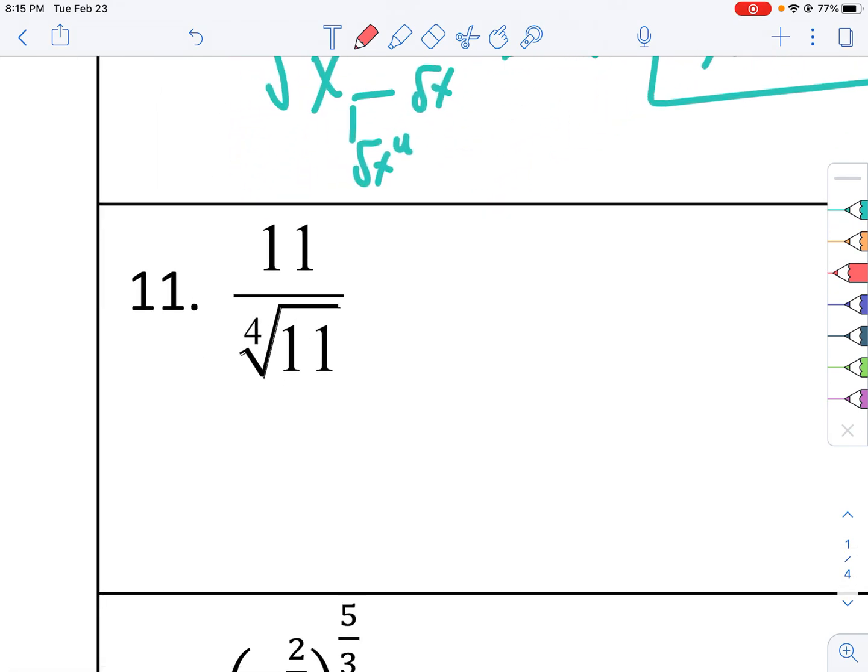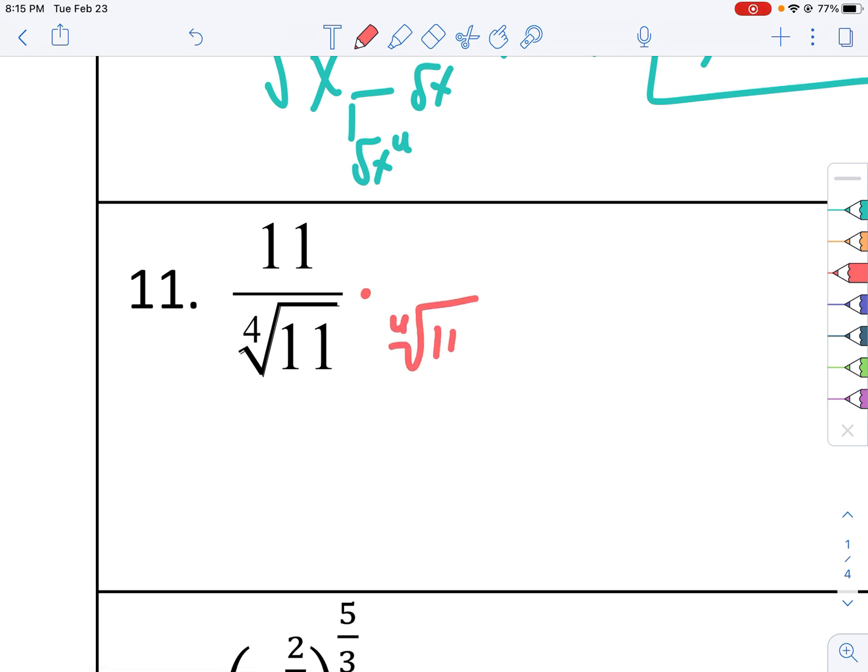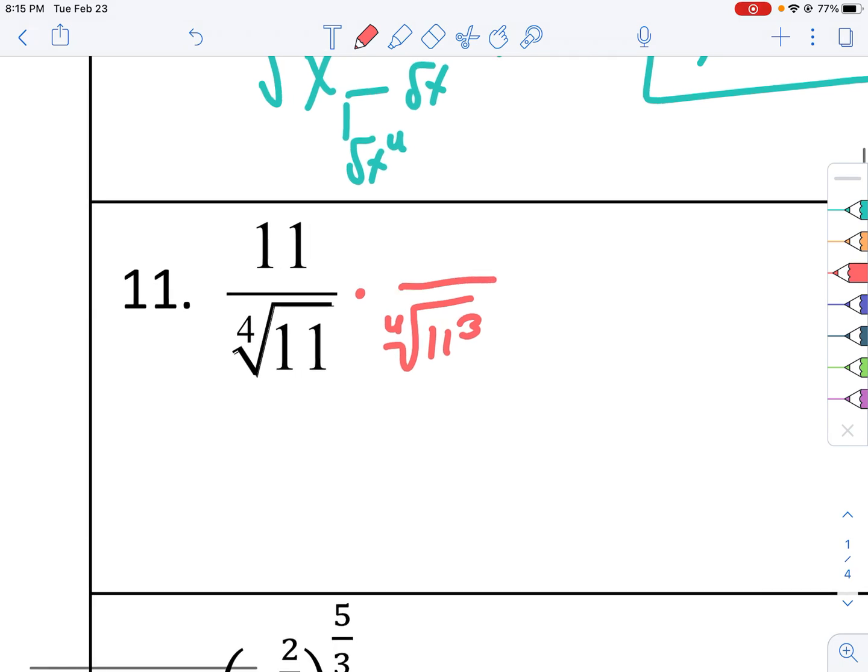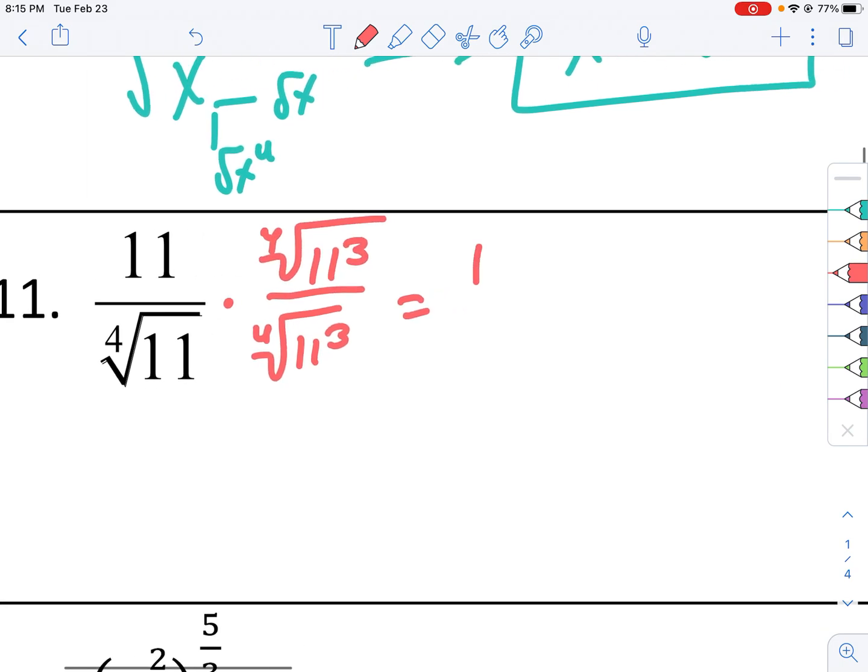All right, 11 over the 4th root of 11. So I really like the method where, okay, we have a 1/11. We would need 4 11s multiplied together. So we need the 4th root of 11 cubed, because 11 cubed times 11 would give us 11 to the 4th. So we multiply the top and the bottom by 11 cubed.